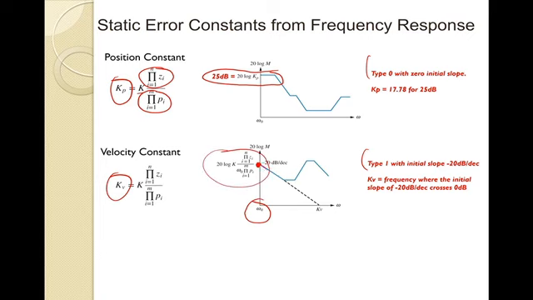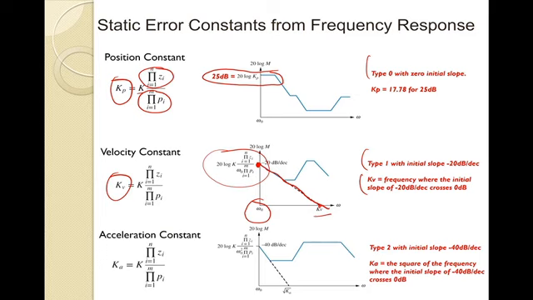But this will have like an initial slope of minus 20 dB per decade. But if you take that slope and kind of keep going down to where it intersects the frequency axis here, what you'll see that kV is the frequency where that initial slope of minus 20 dB per decade crosses your 0 dB point. So again, this right here would be our 0 dB point. So that frequency where that crosses, that will be your velocity constant.